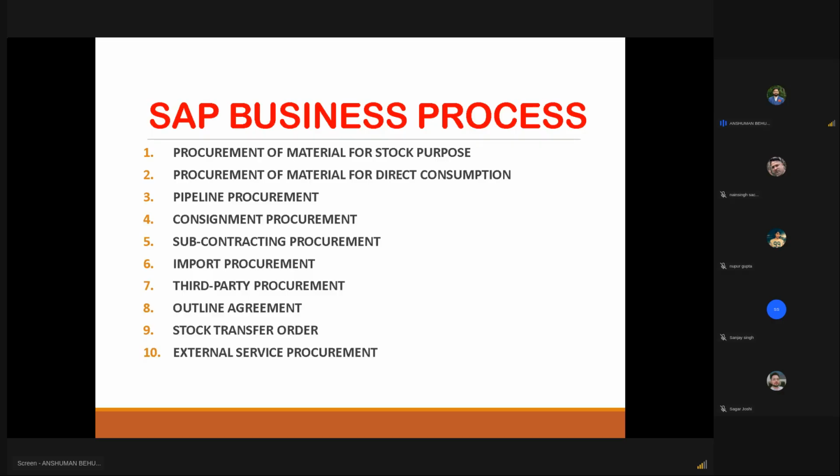In SAP, the accounting document will be generated at the company code level. If you are under the same company code, there will be no billing. If you are under a different company code, then definitely there will be billing, and you can have your accounting document generated.